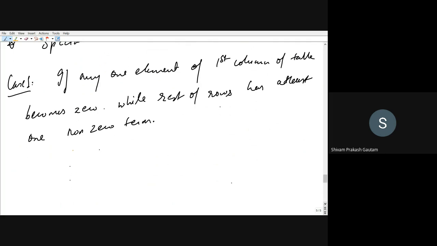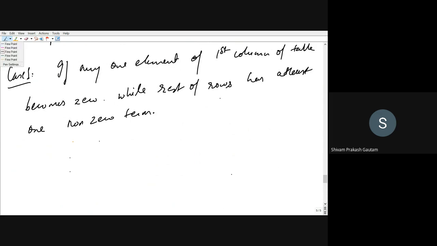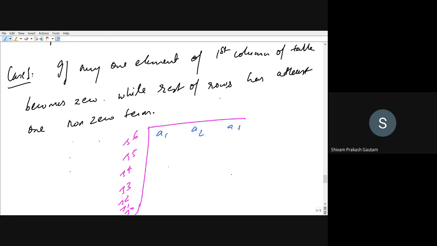Now this is the case. Let us suppose we are having the Routh table, and we are having s to the power 6, s to the power 5, s to the power 4, s to the power 3, s to the power 2, s to the power 1, and s to the power 0. While calculating the Routh table, let us suppose I'm drawing A1, A2, A3, A4, B1, B2, B3, B4.